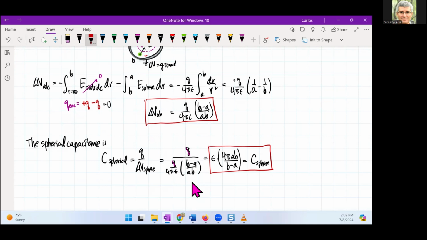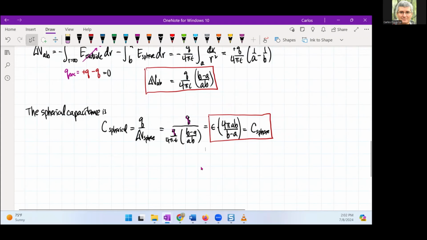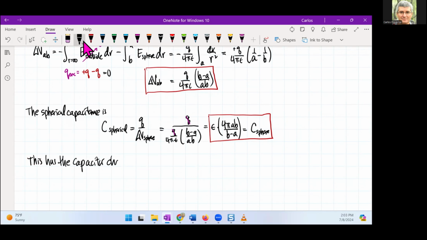Note that this is the exact same form. It has the capacitor characteristics.